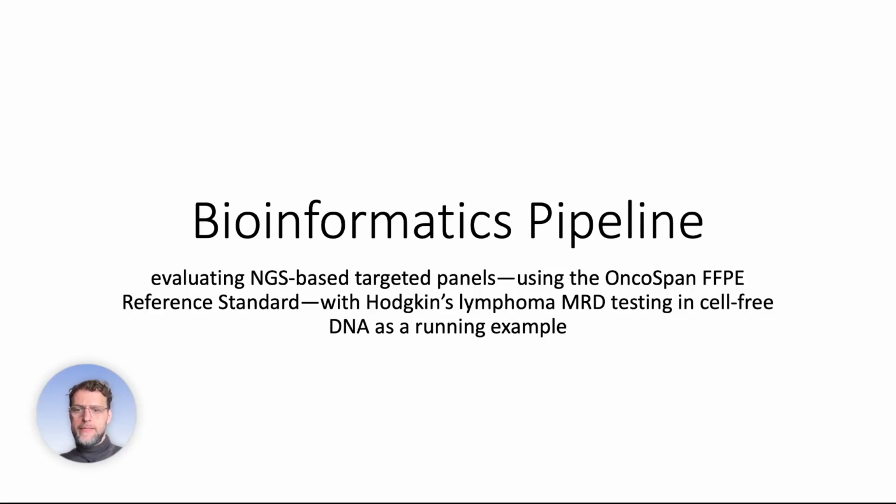Hi, I decided to record a short lecture about how bioinformatics pipelines work, and as an example, I will talk about evaluation of NGS targeted pipelines used in oncology, with example of lymphoma for MRD testing and how to orient it in cell-free DNA.